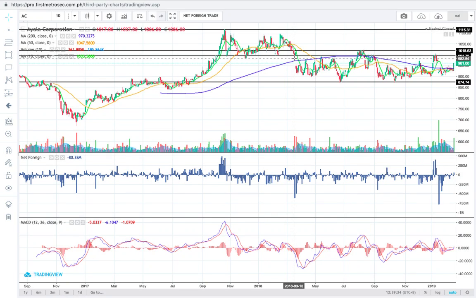How did I say so? Because it did not bounce away from the support level. Instead, it continued its downward direction. And since it continued its downward direction, it registered a new support level somewhere here.